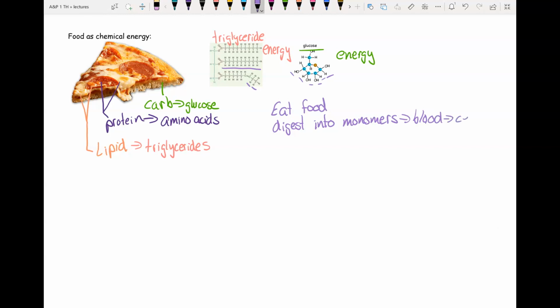Your blood takes them to your cells, and then your cells are going to use the hydrogen that is in them to make ATP. Remember, ATP is the energy currency of cells. Then ATP will provide the energy for cellular work.